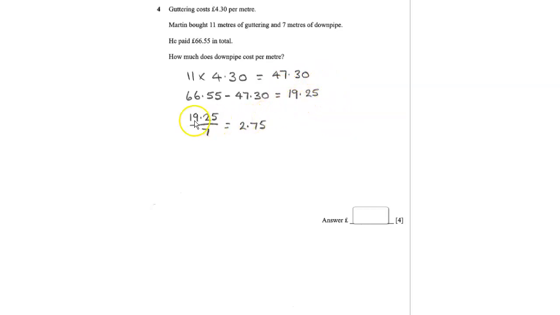Take this £19.25 and divide it by 7 to find out what the cost per metre is of the downpipe. So 19.25 divided by 7 is 2.75. So for this question, it's a multiplication, subtraction and a division. Those are the 3 different calculations you have to do.